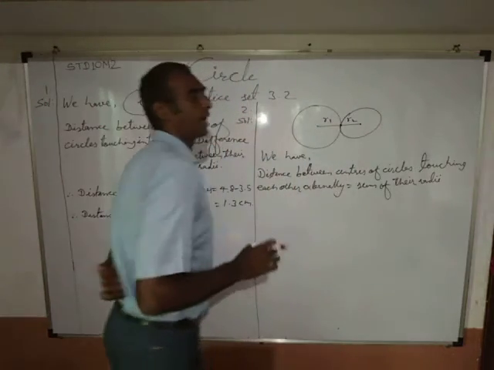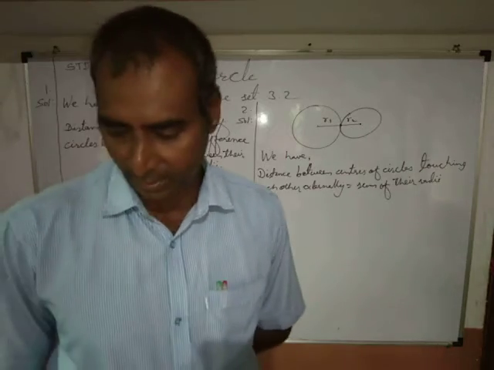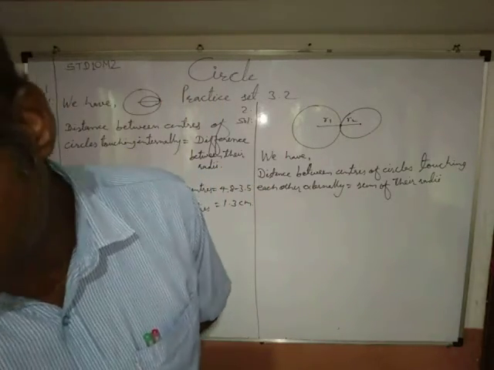Here in this case R1 plus R2. Radii of circles are 5.5 centimeter and 4.2 centimeter.